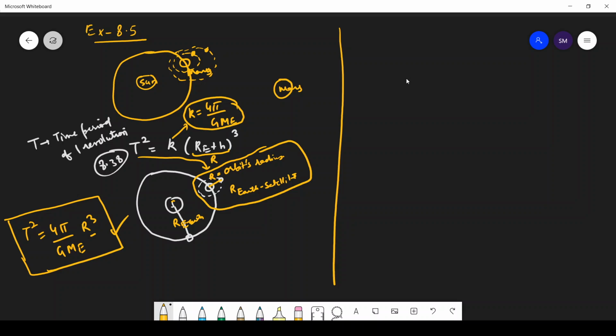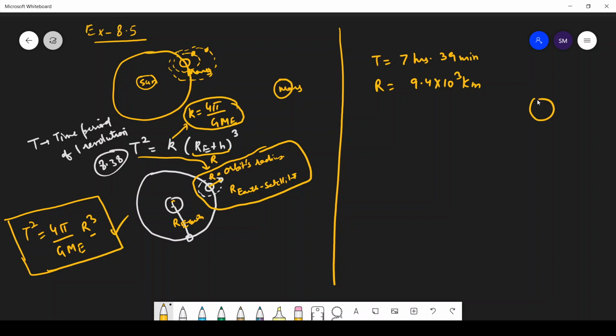Now what do we have in the question? Period of Phobos is given, time period for one revolution, that is 7 hours 39 minutes, and orbital radius is given to you. What is orbital radius? That is 9.4 into 10 to the power 3 kilometer.